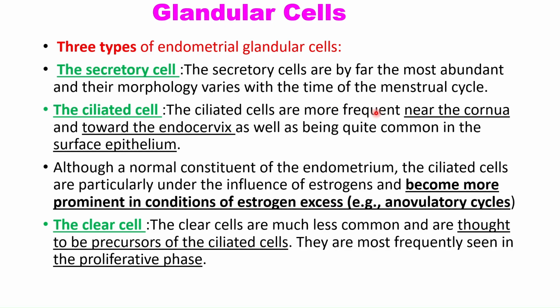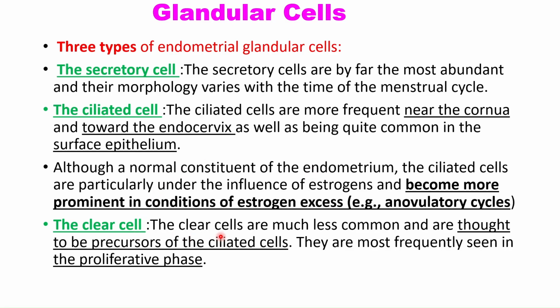These cells are more frequent near the cornu and towards the endocervix, as well as being quite common in the surface epithelium. Although a normal constituent of the endometrium, these ciliated cells are particularly under the influence of estrogen and become more prominent in conditions of estrogen excess. So during an anovulatory cycle, the ciliated cells are more prominent in the endometrium.